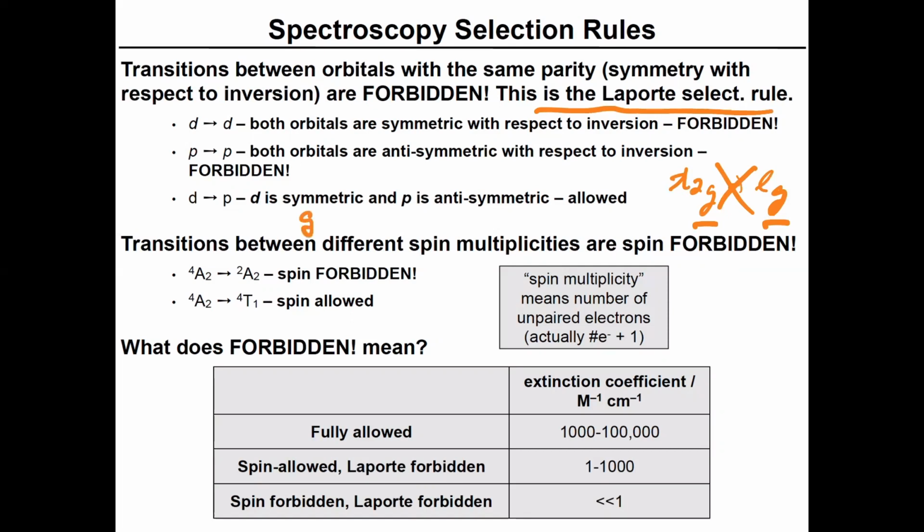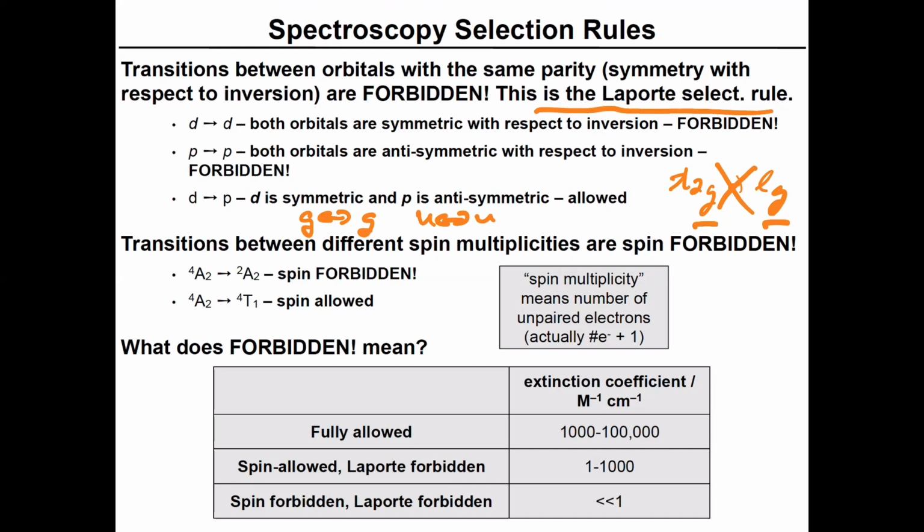So you're not allowed to do any transitions between gerade and gerade, or ungerade and ungerade, and of course those really only pertain to the octahedral point group in our initial discussions, because that's where we see gerade and ungerade symmetry, as a result of the molecule possessing an inversion center.